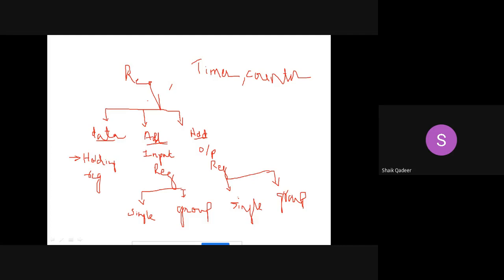The next point, the group input or output register holds the address of an array of input or output devices. Okay? Yes, sir. Thank you.